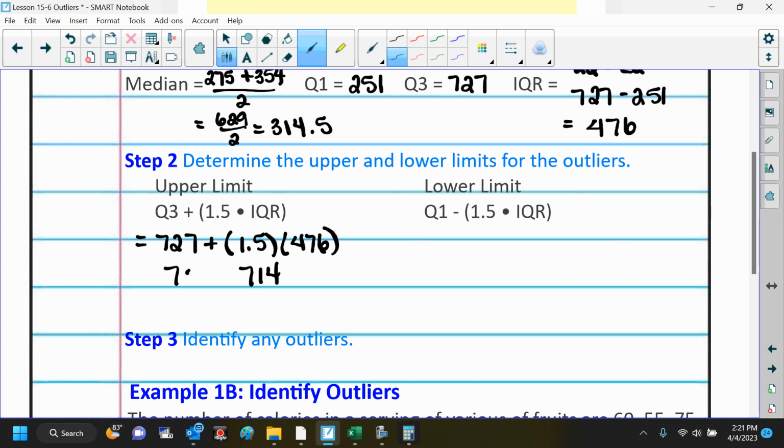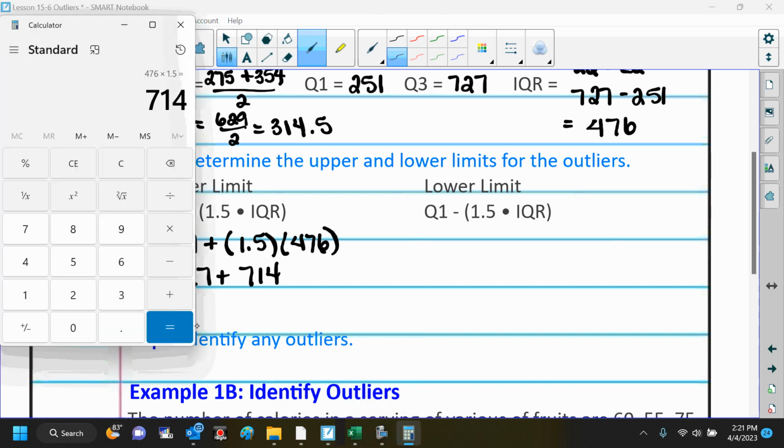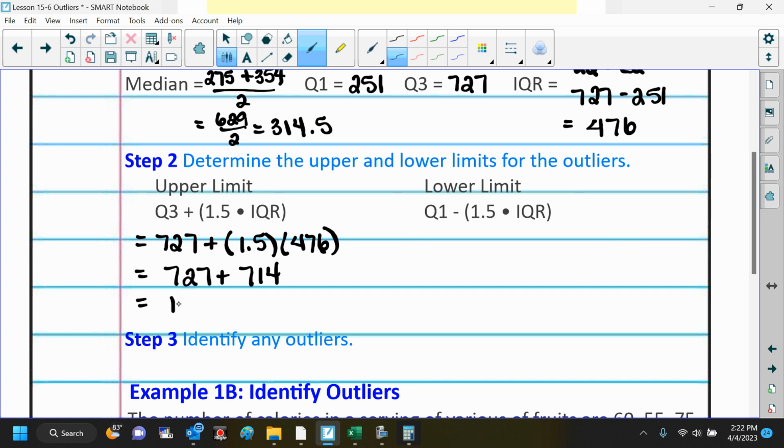So we've got 727 plus 714, and that's going to give us 1,441.